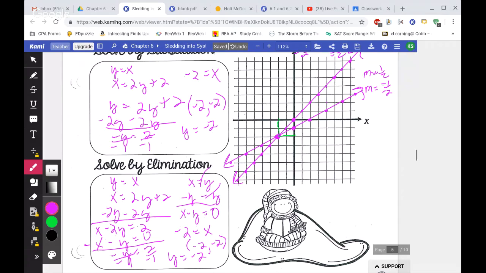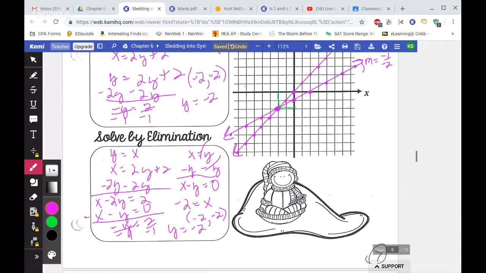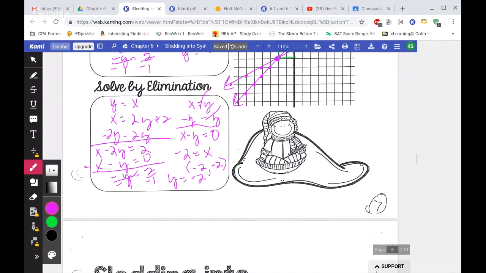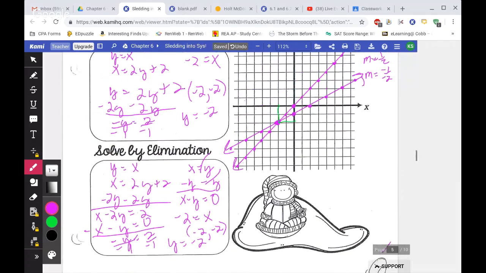Did everybody get that one written down? It does say page 7 at the bottom, but it's technically the 5th page of the packet. Everybody get that written before I move?